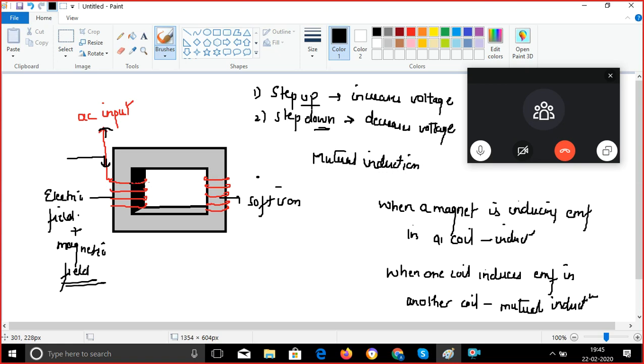Now this coil induces EMF in this coil, which means now it has potential difference. If any wire has potential difference, current starts to flow. You just need to supply a potential difference, and automatically current will start to flow. So it has EMF, then the current starts to flow through this coil.